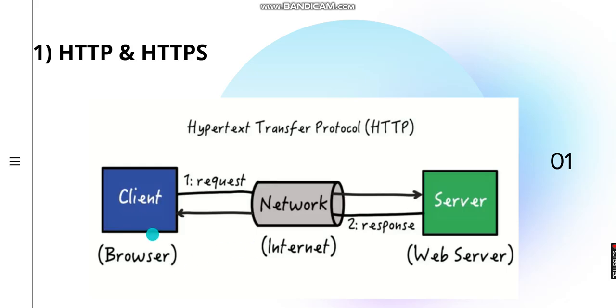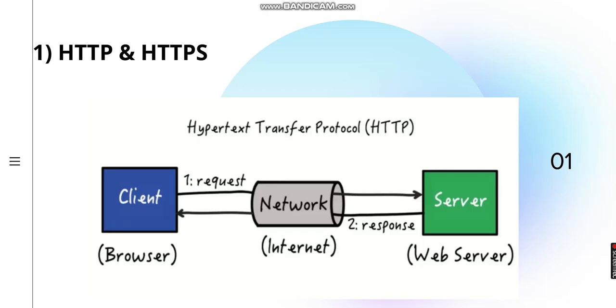HTTP has a security flaw. What this means is, in HTTP the data whatever the server is sending is sent in plain text format. So if there is any hacker intercepting the response you are getting, they can see the data.